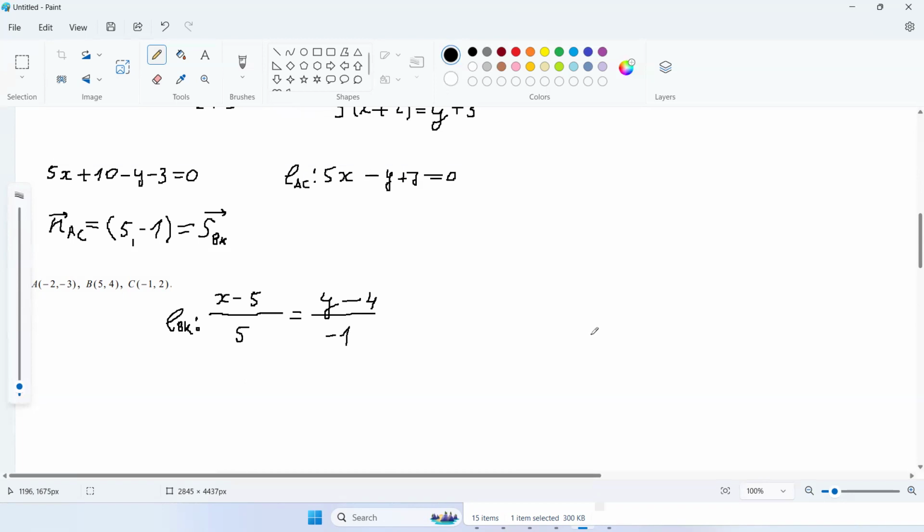It will be the intersection of AC with BK. So we need to solve the equation system for these lines. First of all, let's rewrite the BK equation in the general form because it's easier to solve.